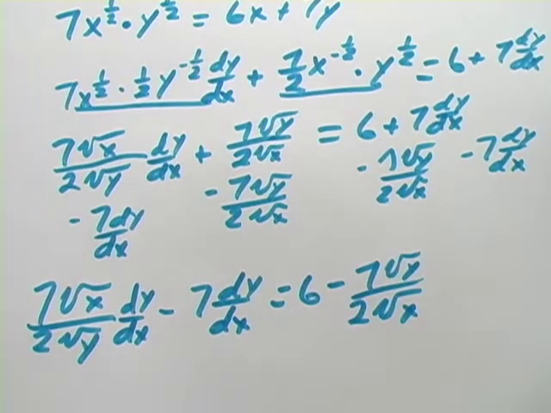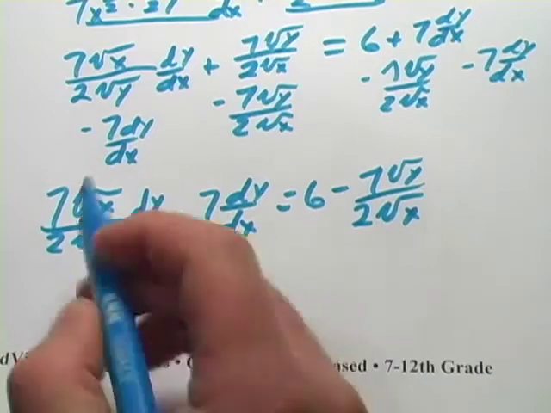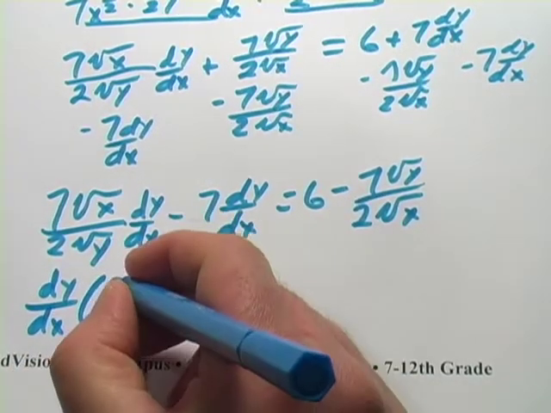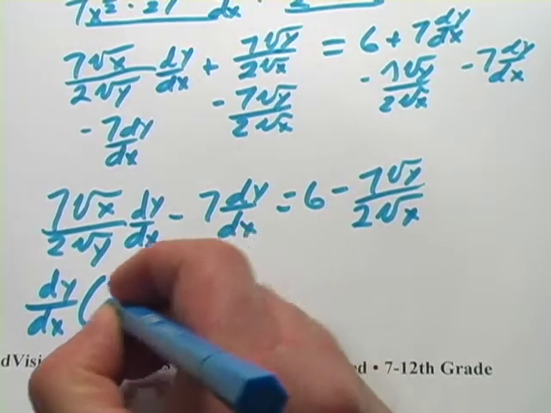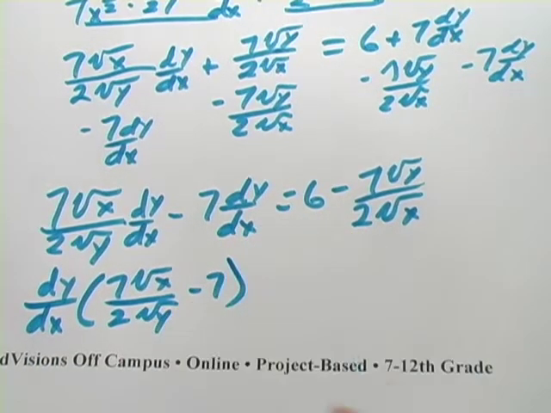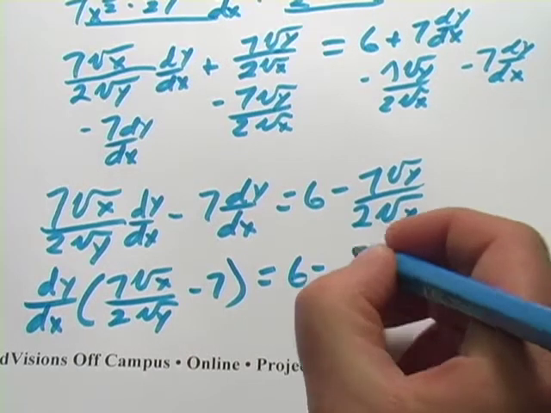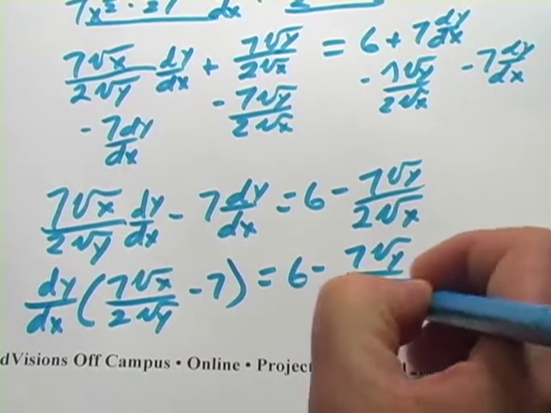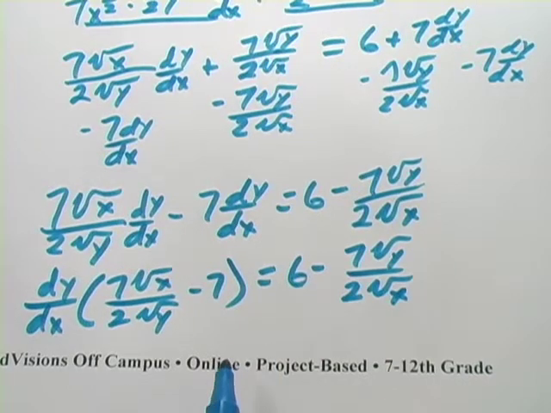Okay, we're getting there. We can take out a factor of dy/dx now. And when we do that, dy/dx times 7 square root of x over 2 square root of y minus 7 there. And over here, 6 minus 7 square root of y over 2 square root of x. Now, I'm going to get some extra paper here.